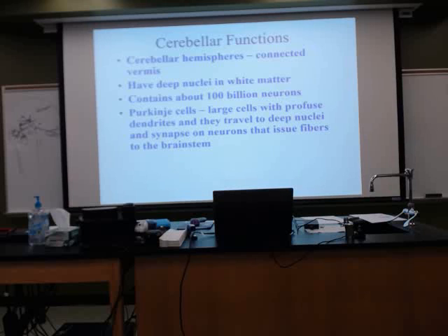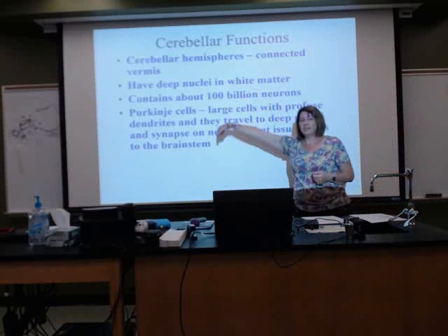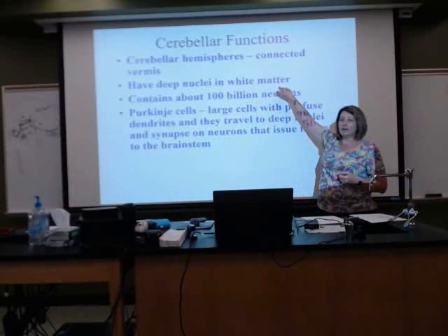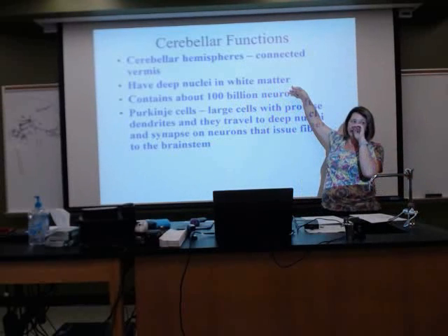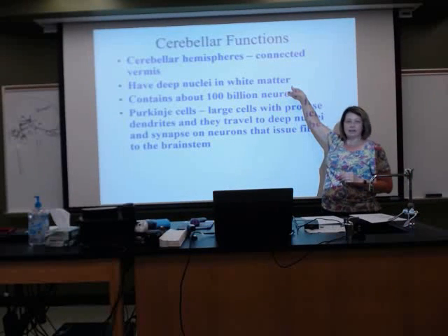Okay, this time the connection of the cerebellum is termed the vermis. That looks like the trunk of the tree when you lay it open. That's going to be our vermis. Well, we just said on the other slide, the nuclei are in the white matter this time, not in the gray.